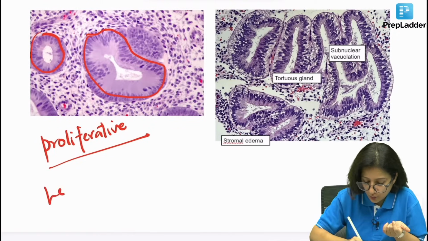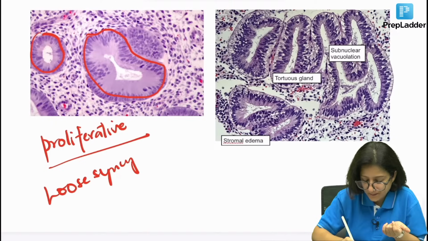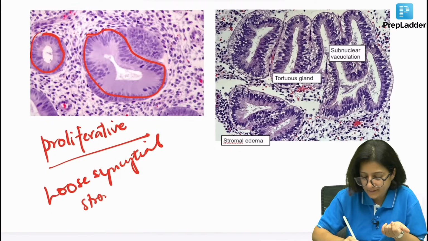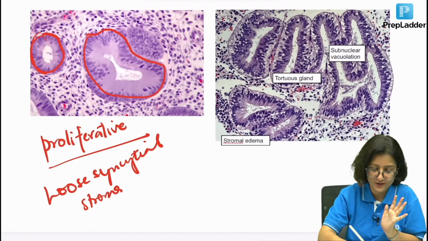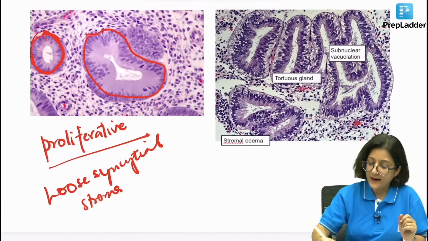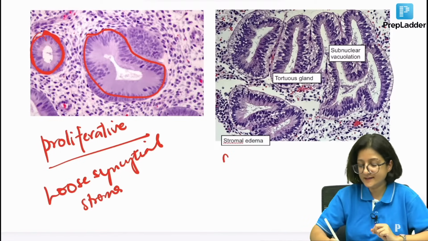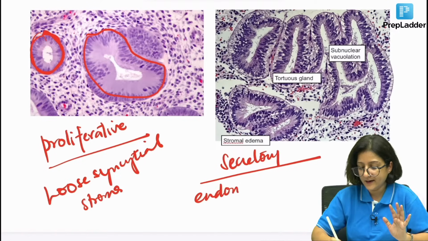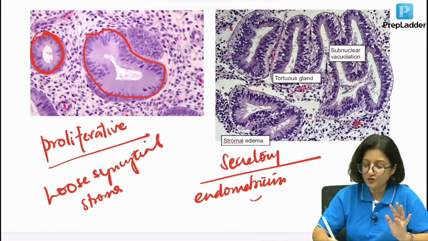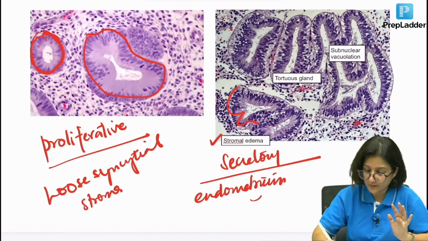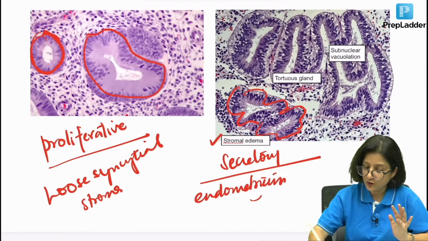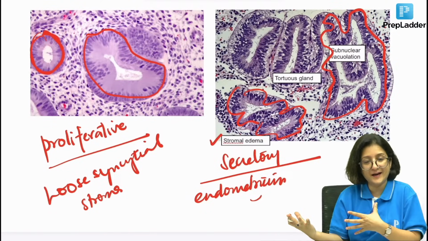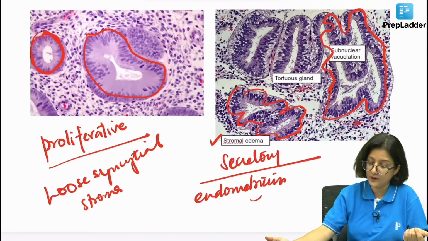So loose syncytial stroma and narrow tubular glands, like tubules, right? Now on the other side, you are seeing secretory endometrium, right? Now there is more stromal edema, the glands become tortuous, and you will see corkscrew glands.